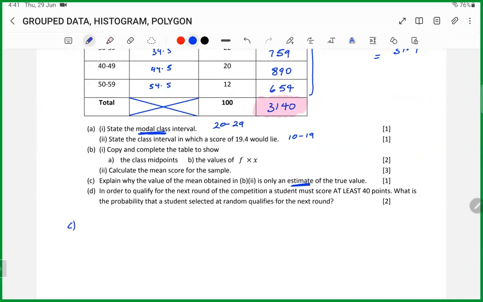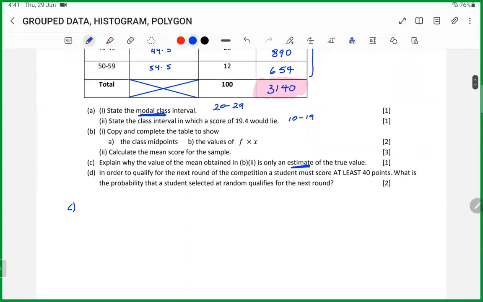So why we say it's only an estimate of the true value for part C, we would say that the class midpoint x is only assumed to be the average value.